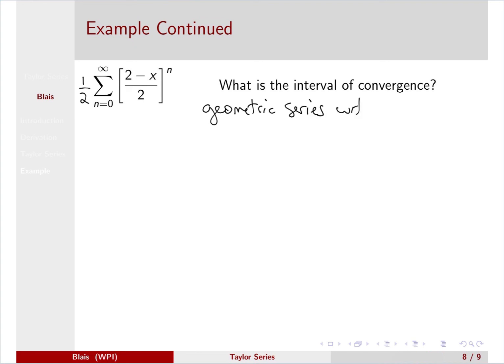With r equal to 2 minus x over 2. And recall the condition for convergence of a geometric series is to have the absolute value of r smaller than 1.